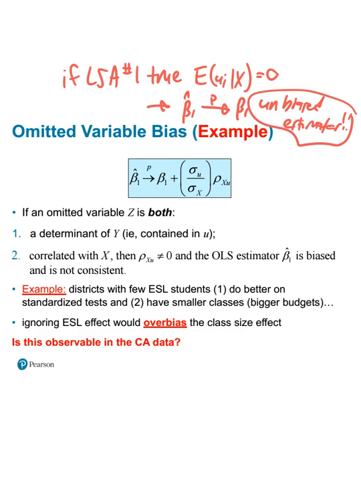All right, but if it's not true, then our estimator beta 1 hat does not unfortunately trend to the true population parameter. It's going to go in probability to this true population parameter plus a bias term. It's going to actually add to it.